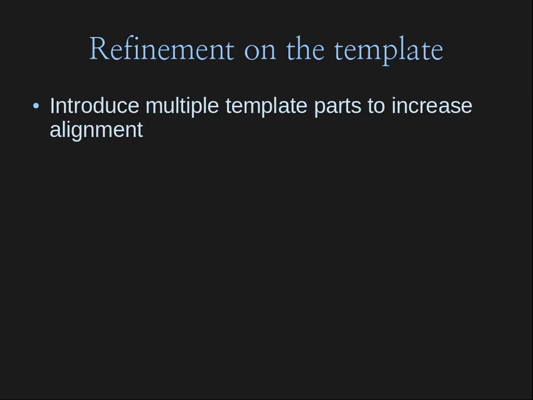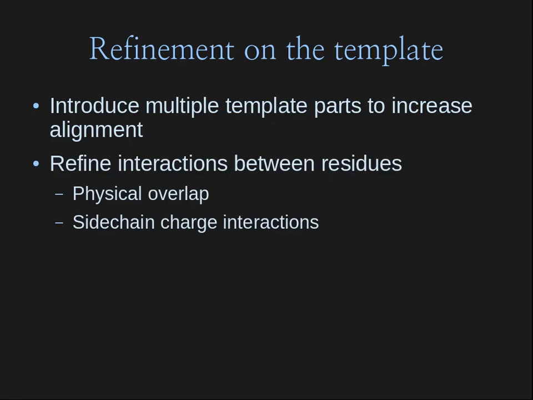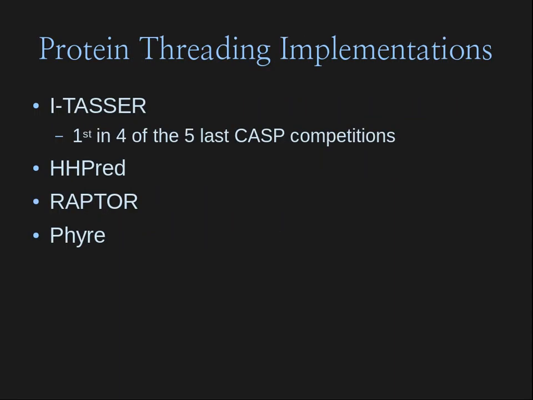So at this point we can refine the fit to this template based on interactions. If we have physical overlap of amino acids, that's bad, and we can move those around. We can move side chains to optimize side chain charge interactions, and also interactions with the environment or the solution.